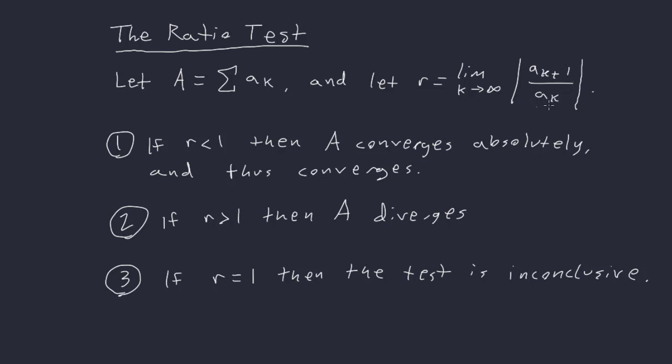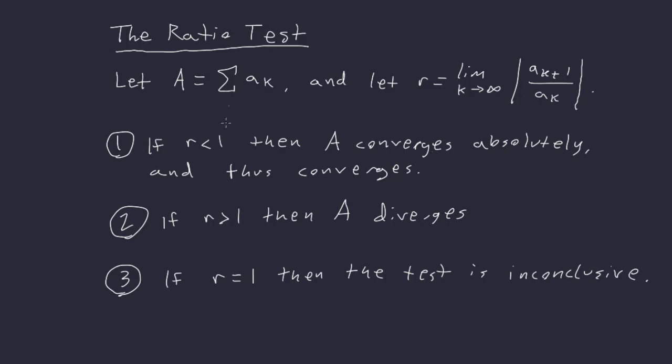We're comparing the (k+1)th term with the kth term and seeing what that does. So you can imagine we are comparing the 10th term to the 9th term, or the 11th term to the 10th term, the 100th term to the 99th term.